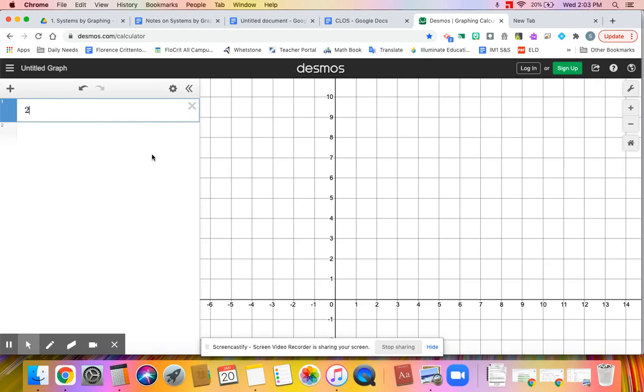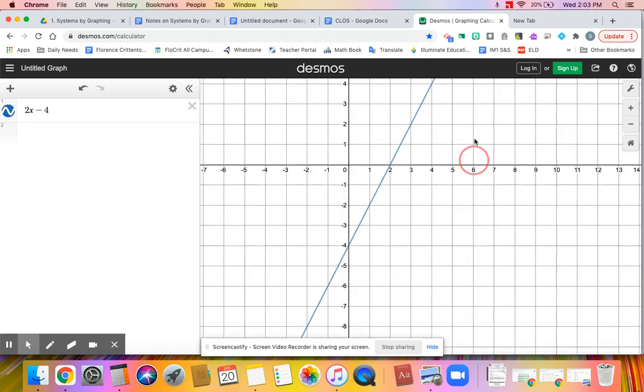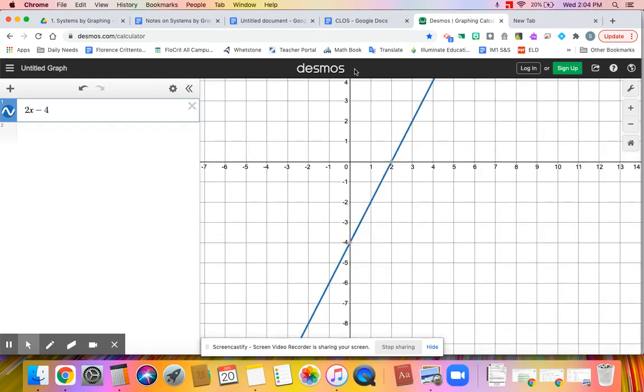So the first one was 2x minus 4, which again, if you look at the graph, it starts down here, it crosses y at negative 4, then it went up 2, right 1, up 2, right 1. Or you could say it went down 2 and left 1 to get that point, because it's still a positive 2 if you go down and left.